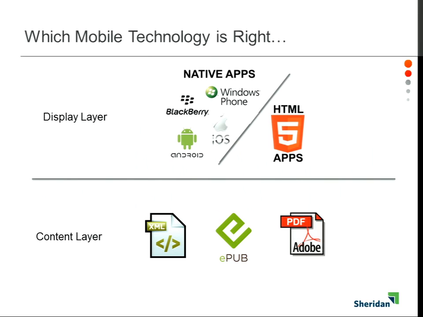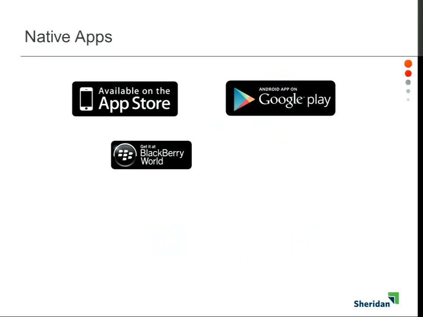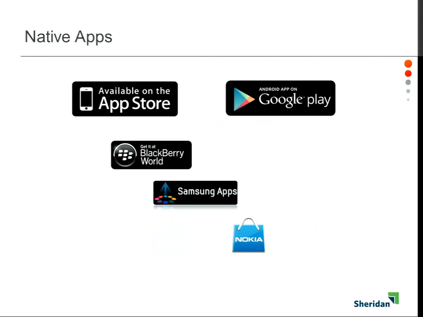And so I thought we'd start with native apps, which is kind of where things all began for mobile apps. Back in 2008, with the introduction of the Apple iTunes App Store, that was really the start of things for mobile apps. Many other platforms followed suit with the Android Marketplace, later called Google Play, BlackBerry World, Samsung, Nokia, all of them came into the game.